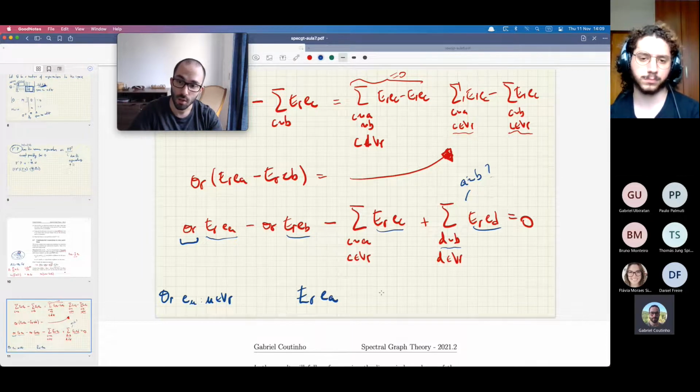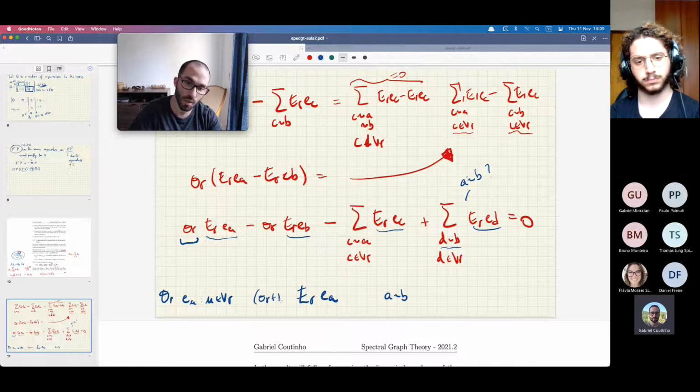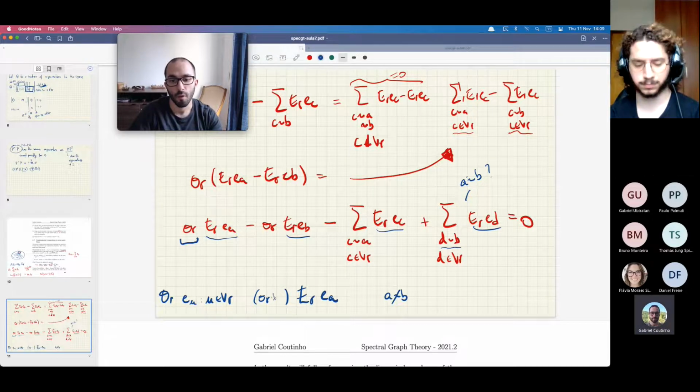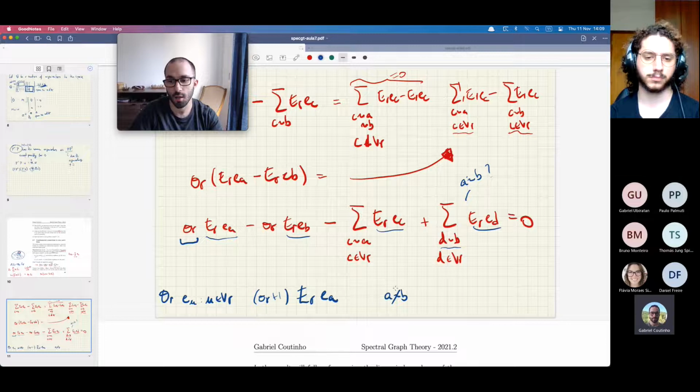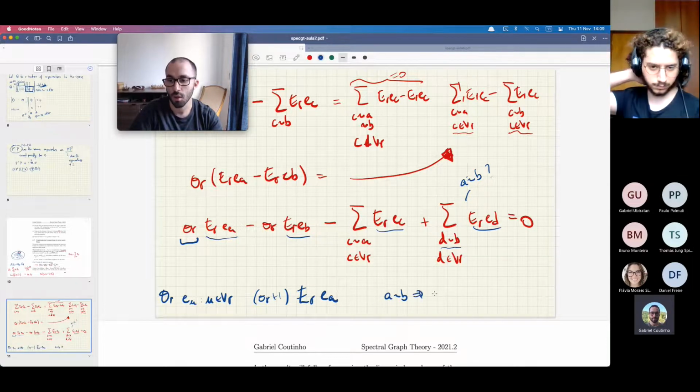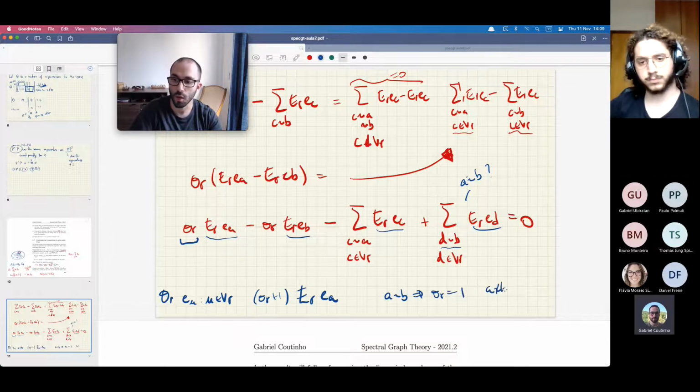And if A is a neighbor of B, then there is another thing here, and what multiplies this is theta r plus 1. And if A is not a neighbor from B, then this guy is not here. So basically I have two options. Either A is a neighbor of B, in which case theta r is minus 1, or A is not a neighbor from B, in which case theta r is 0.